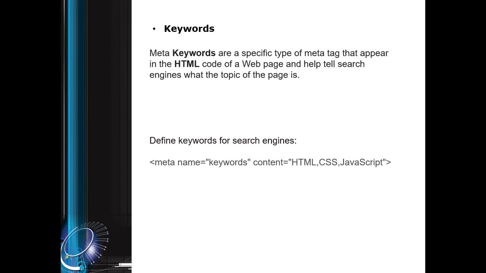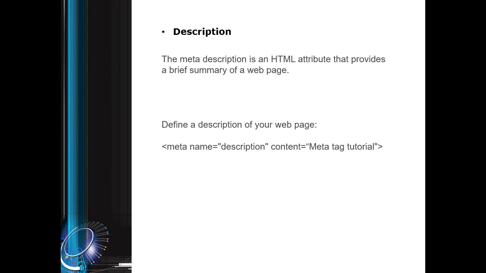The next attribute is the description attribute. What does the description attribute exactly do? The meta description is an HTML attribute that provides a brief summary of the web page. It defines what the content of your web page is, or what is inside your web page. Let's see how we use the description attribute in our web page.